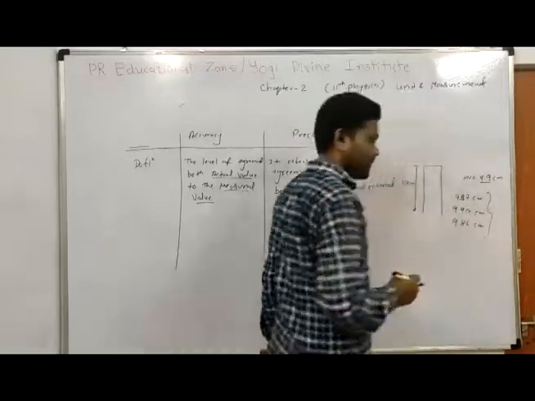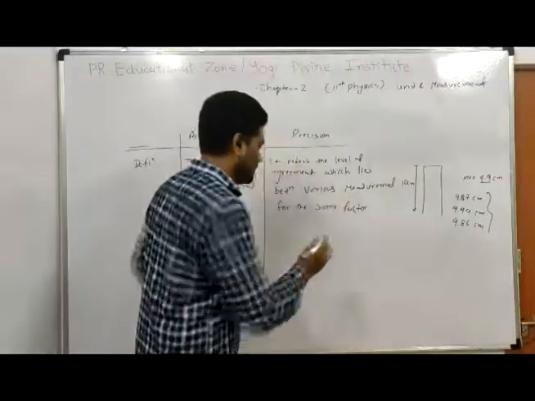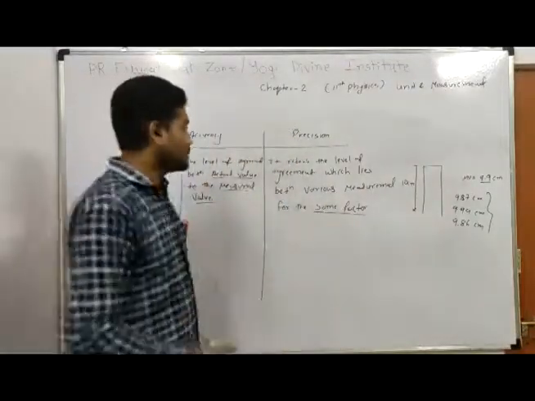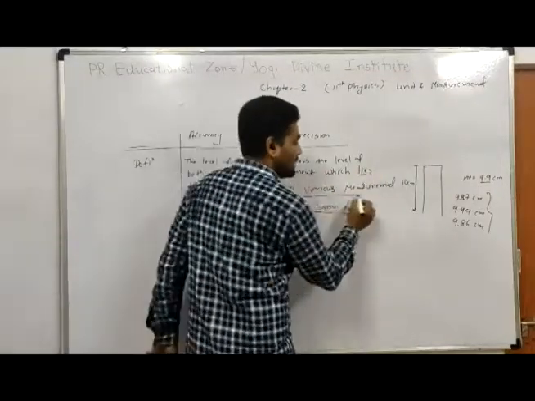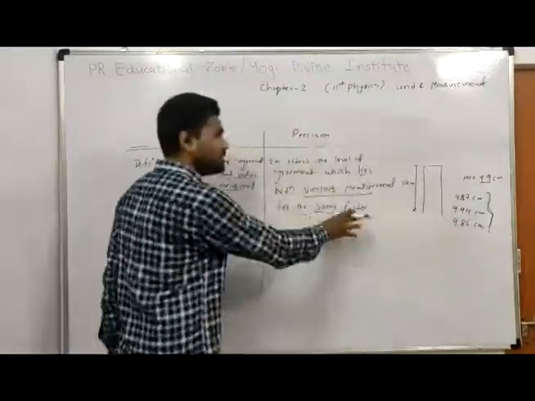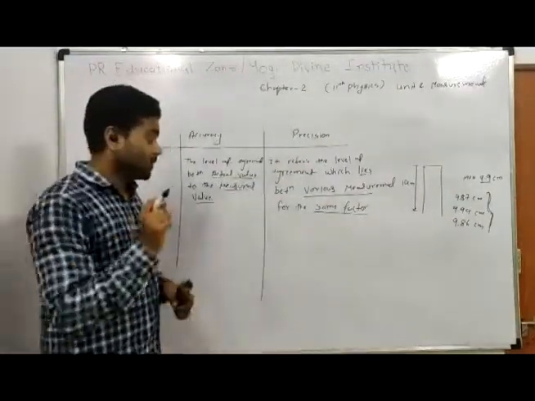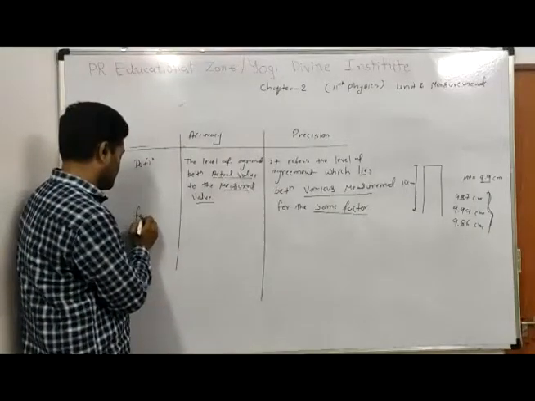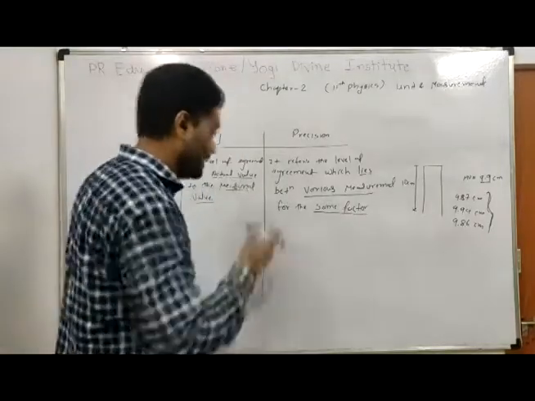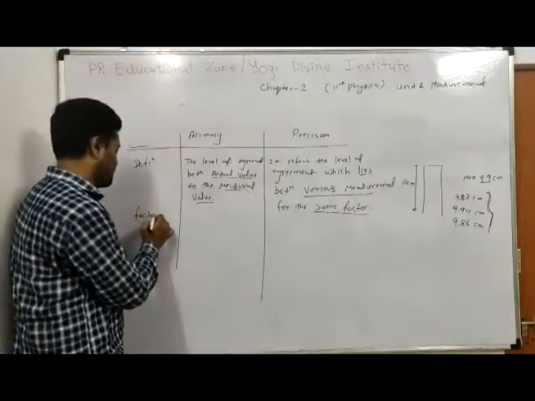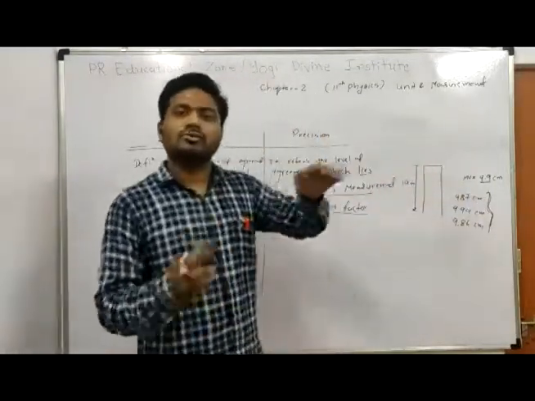These are repeatedly measuring the same factor, so it refers to the level of agreement between various measurements of the same building. Understood? Now, in precision, as the decimal points increase, the accuracy increases. Fine. Now, this is showing at once how the measured value goes to the true value.